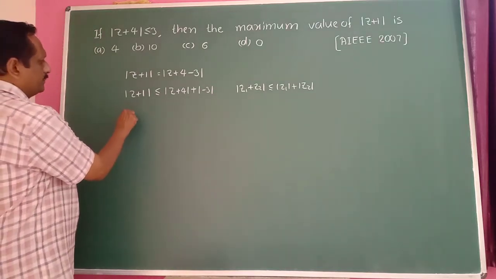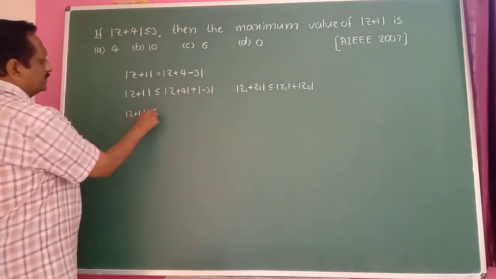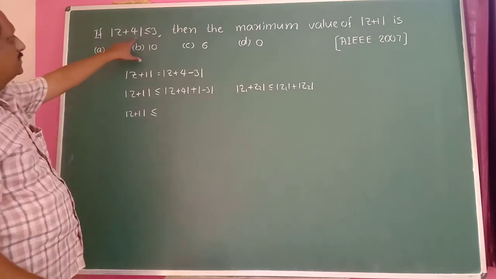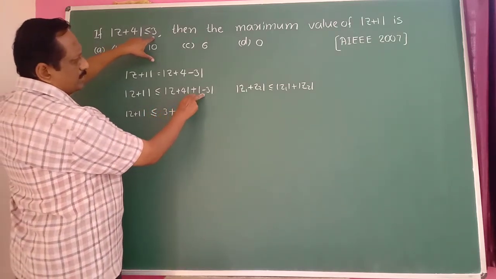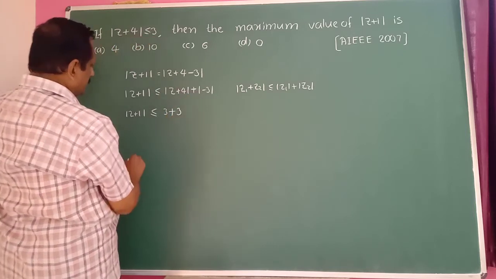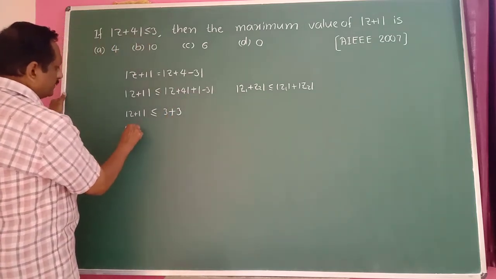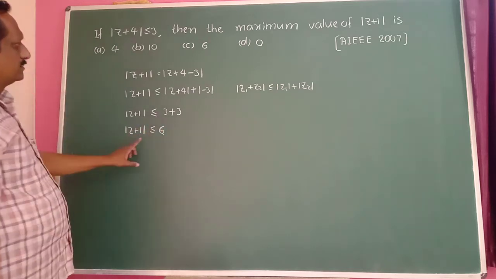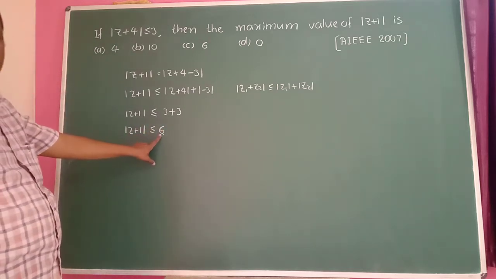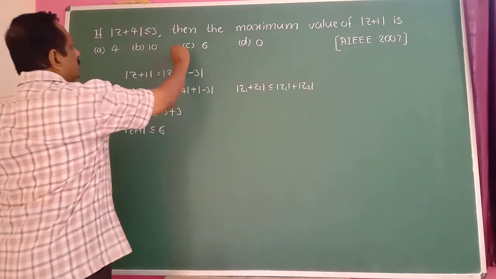The modulus of z plus 1 is less than or equal to 3, plus modulus of minus 3, which is plus 3. So modulus of z plus 1 is less than or equal to 6. Therefore the maximum value must be 6, and this is the answer.